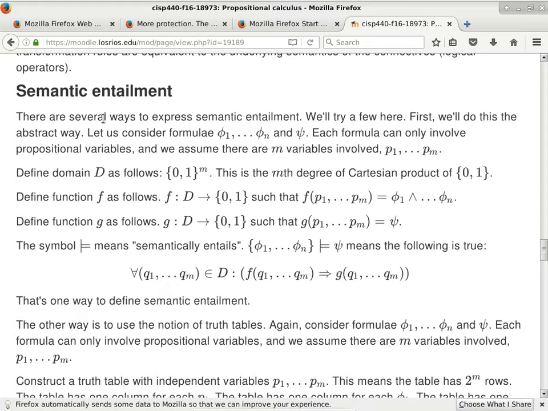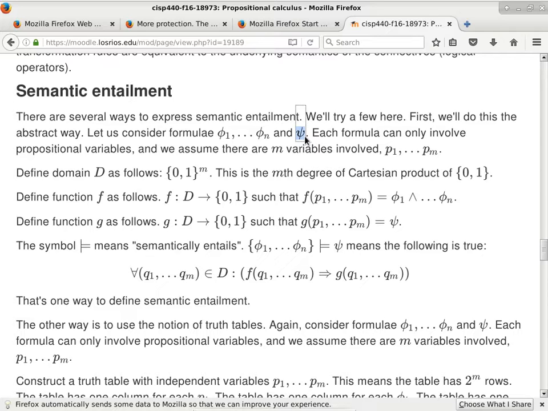So one way to define a semantic entailment is, well, first of all, we define a whole bunch of terms, okay? The first bunch of terms are phi 1, phi 2, all the way up to phi n. So we have a whole bunch of formulae, called the phi's with a subscript number. And then we have another one which has a distinct name of psi. And all of these are formulae.